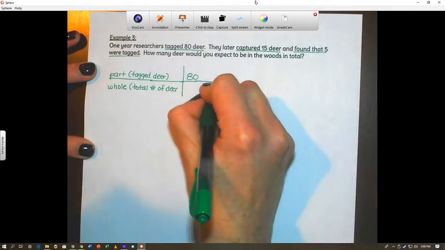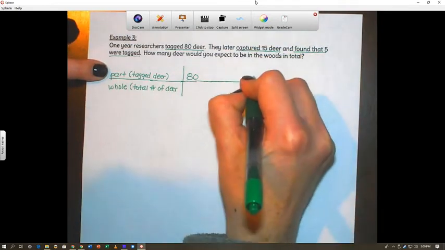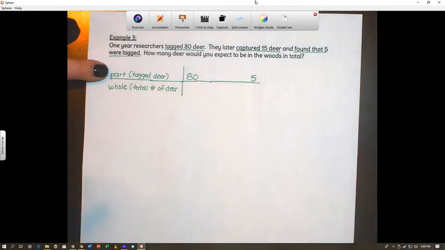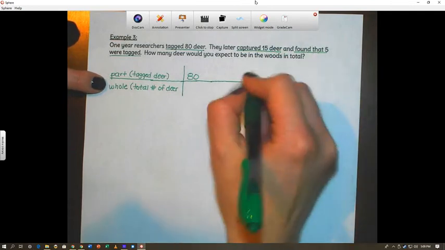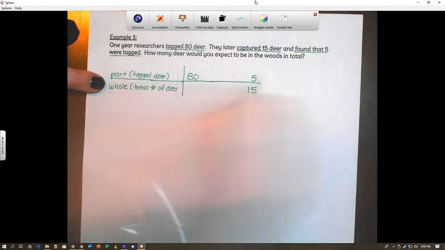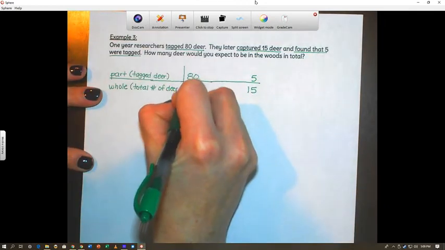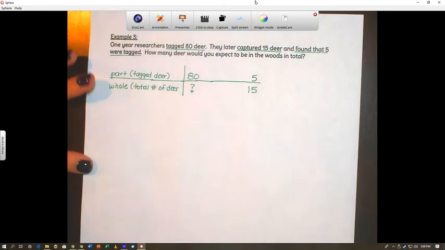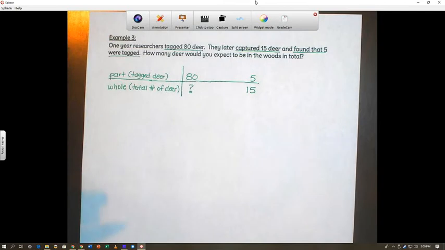So I'm going to put the 5 with the part. 5 out of how many? How many were captured? 15. So I'm going to put the 15 with the total. So now I'm looking for this value right here. How many deer would we expect in total in the woods?